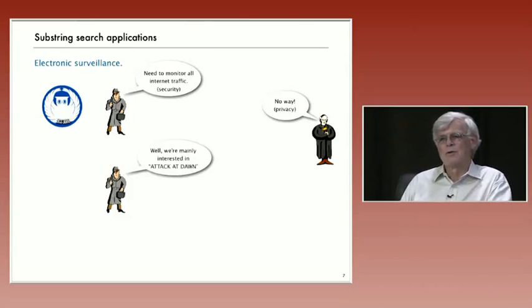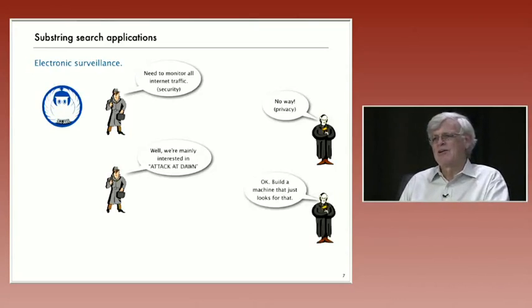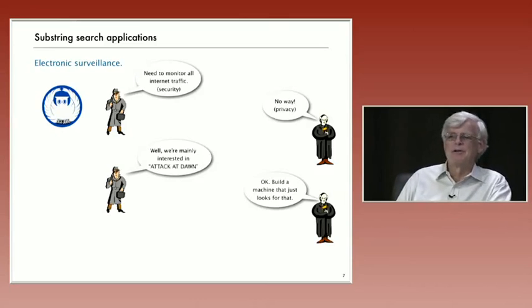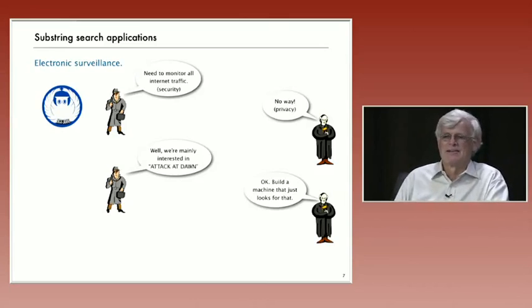Well, so what about if we just look for this one pattern that we really need to know about and that really shouldn't violate anybody's privacy, like attack at dawn. And the judge can say, okay, how about if you build a machine that just looks for that? And that's what we're going to talk about today.